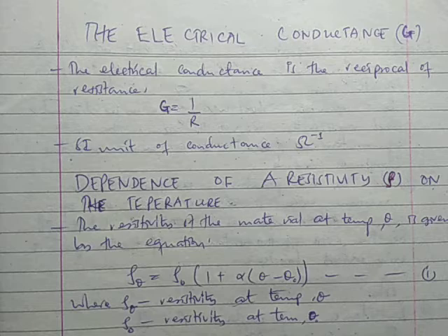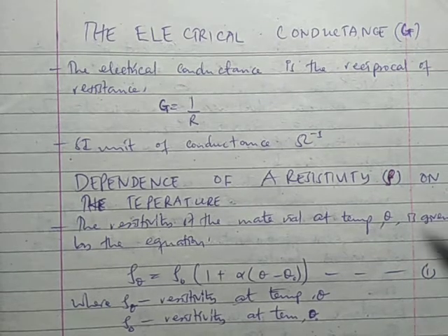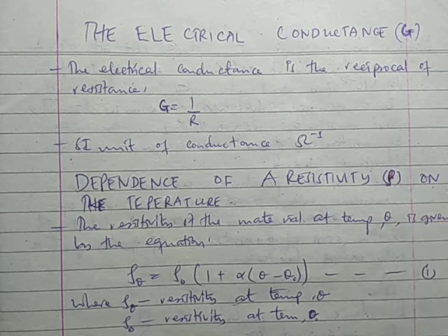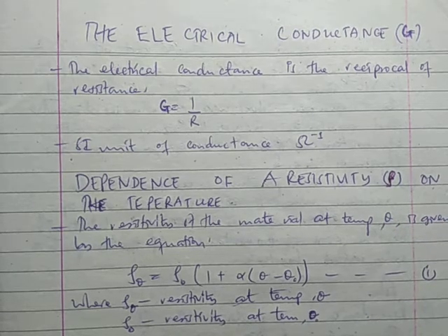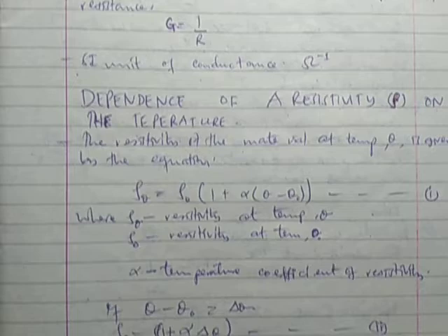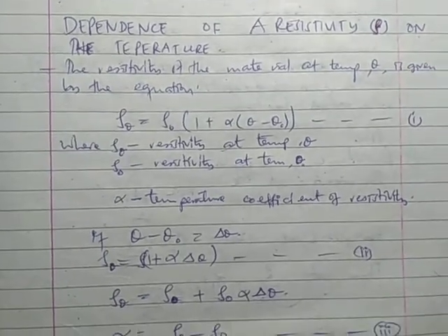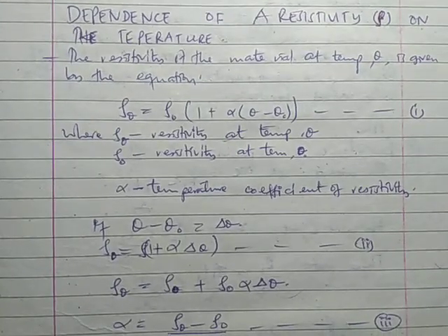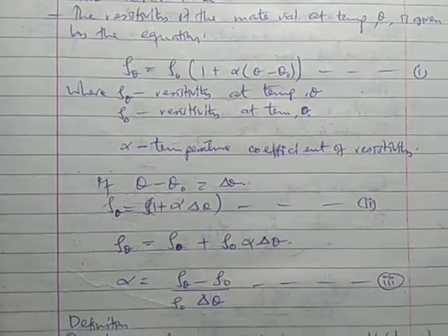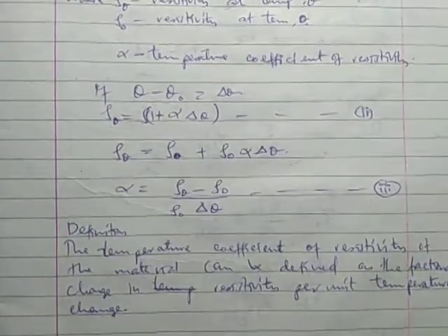From there we can discuss the concept of electrical conductance, G. The electrical conductance is the inverse of resistance, and the unit of electrical conductance is ohm power negative 1. About the dependence of resistivity on temperature, the equation will be similar to that for the dependence of resistance on temperature, and the equation for the coefficient also will be similar.